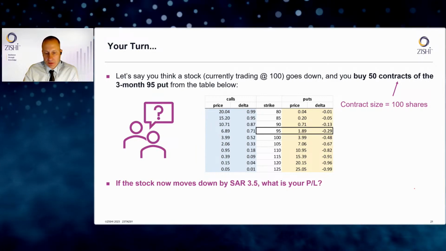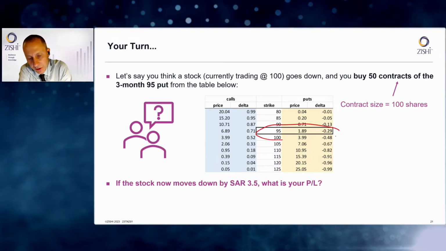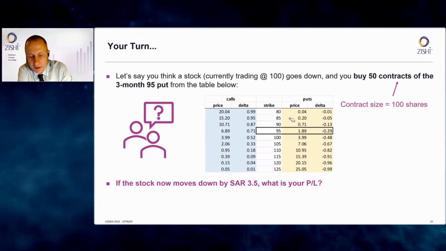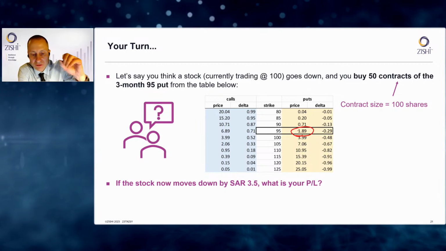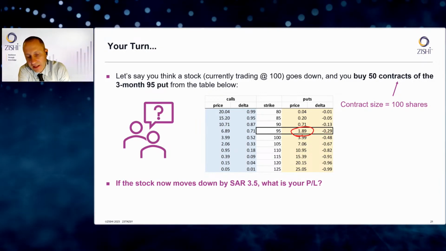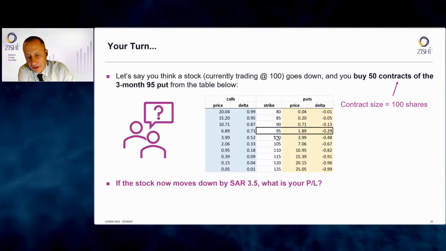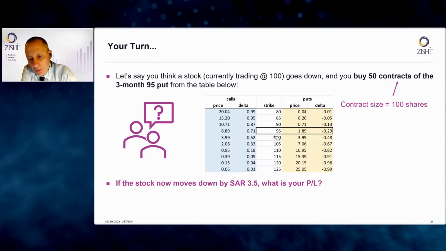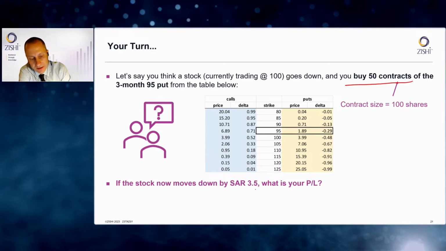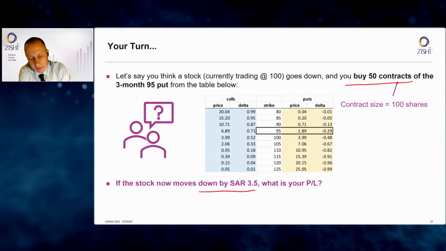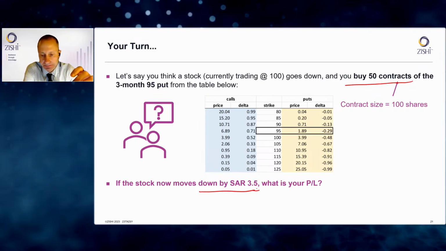Okay, so zooming in on the 95 put here, you can see I put a box around the 95 put. You can see that it's currently trading at a premium of 1.89 rial per share, and it has a delta of negative 0.29. Your question is, if you buy 50 contracts of this put, and then the stock moves down by 3.5 rial, what is your P&L?